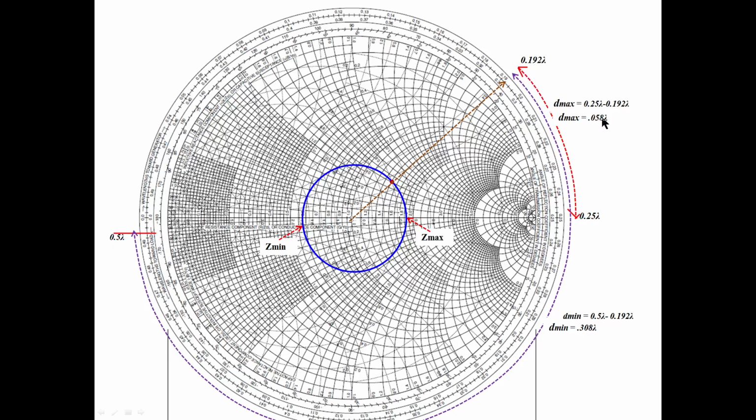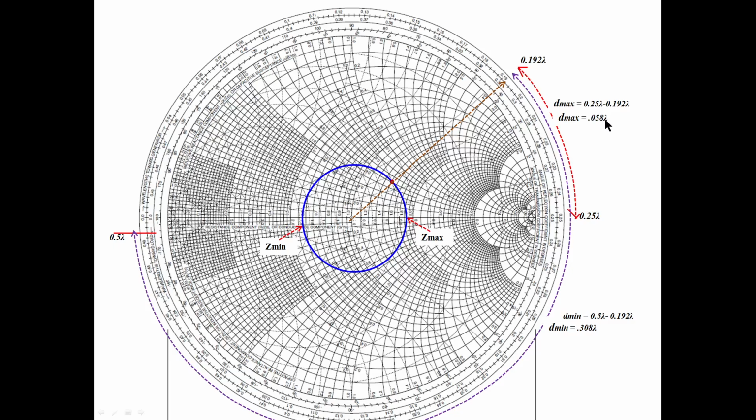So to get the actual distance, what do we have to do? We have to multiply this 0.058 by the lambda value. Lambda may be in centimeters, meters, millimeters, whatever it is. Then you get the correct value in terms of length units.